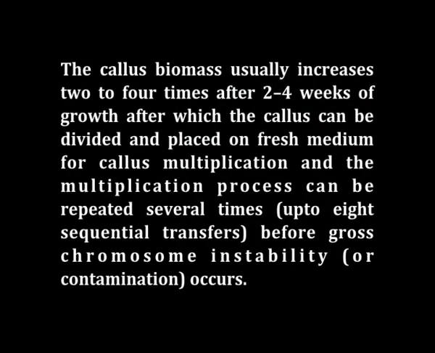Actively growing callus can be maintained on culture media with an even physiological valence of cytokinin and auxin. The callus biomass usually increases 2 to 4 times after 2 to 4 weeks of growth, after which the callus can be divided and placed on fresh medium for callus multiplication.